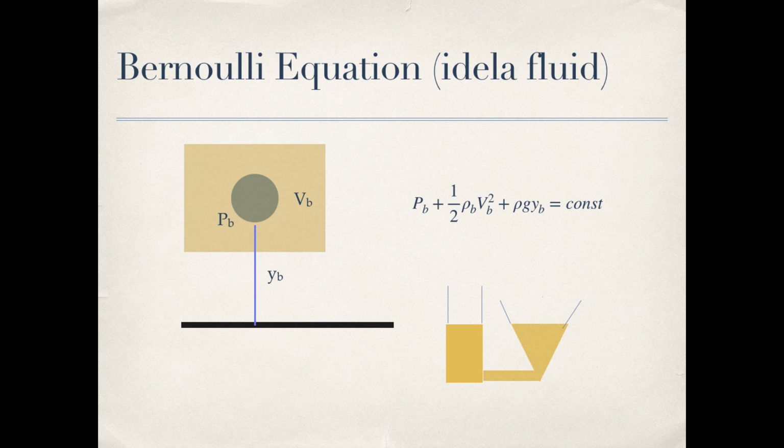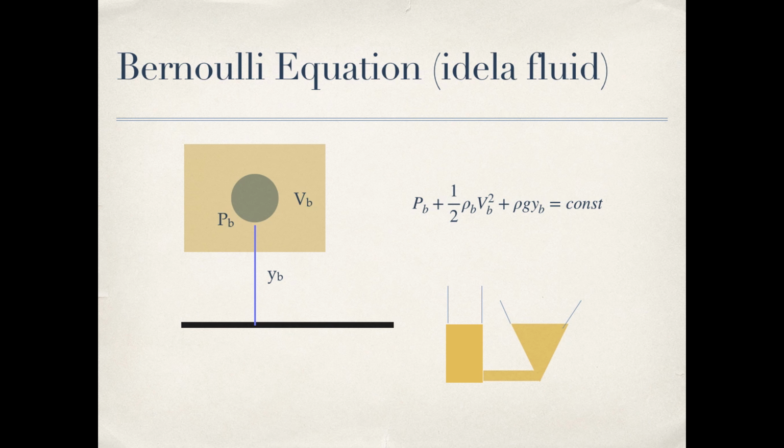Well, this is a unit of mass of a fluid, so it's the energy per unit volume of that blob due to the gravity. Let's denote the height of that location of that volume by y.